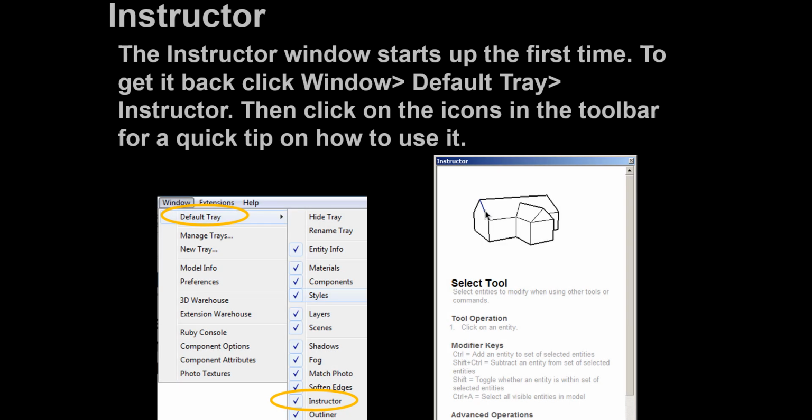At the beginning, the Instructor is a good palette to have open. To see it, you can just go to Window, Default Tray, and make sure Instructor's checked. And it'll show up on the side. You can keep it minimized for a while, but sometimes you might want to open it up to see the options you have, especially if you hover over a tool or click on a tool to start. It'll tell you things like, for example, here's our modifier keys that we talked about in this session.